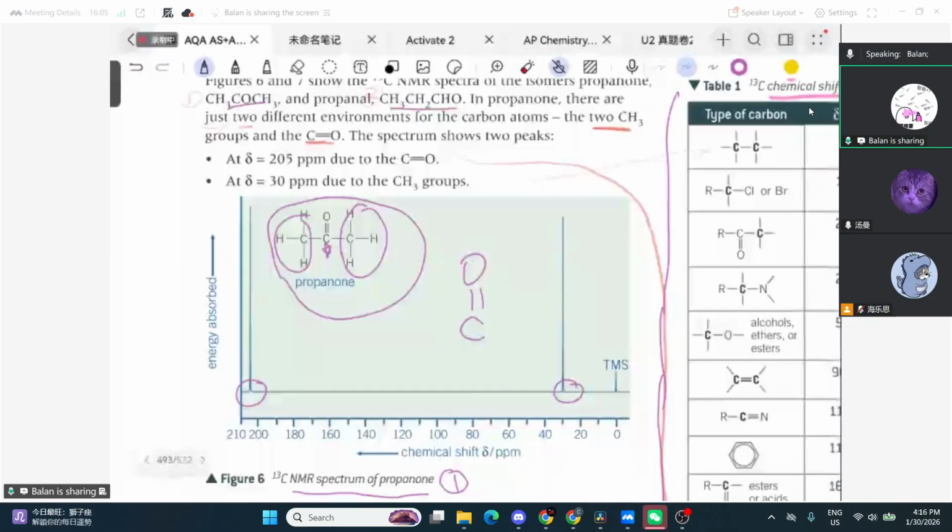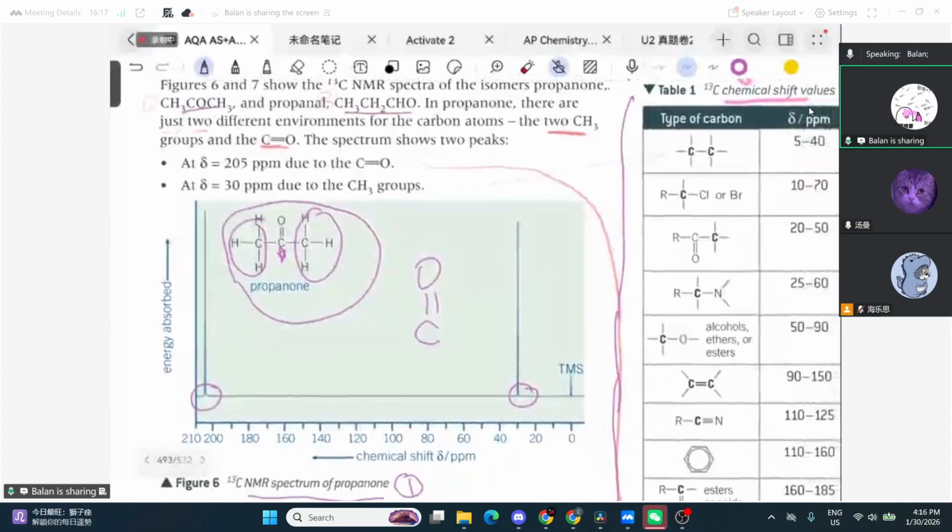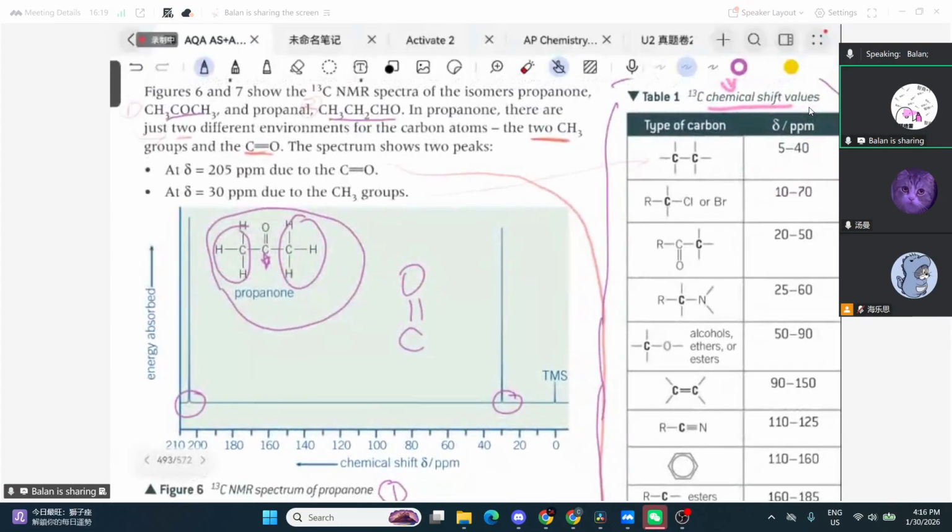And which carbon gives the chemical shift at more than 200, about 205?